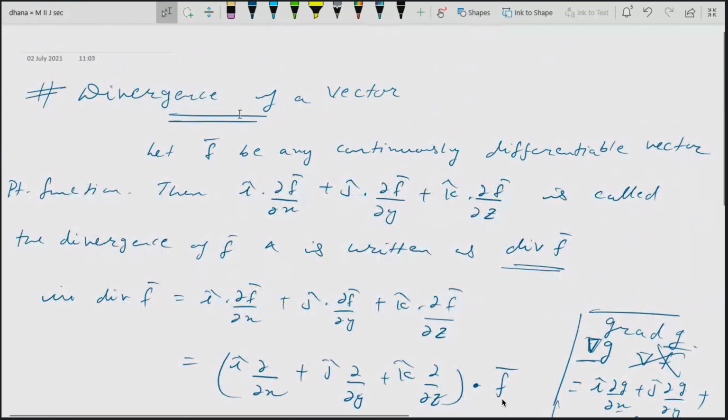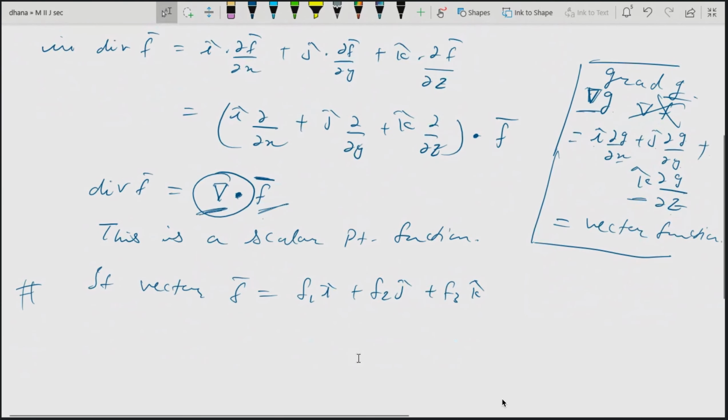So from here, if your vector F bar is something like F1 i cap plus F2 j cap plus F3 k cap, where F1, F2, F3 are components of this vector and they are all scalar functions.